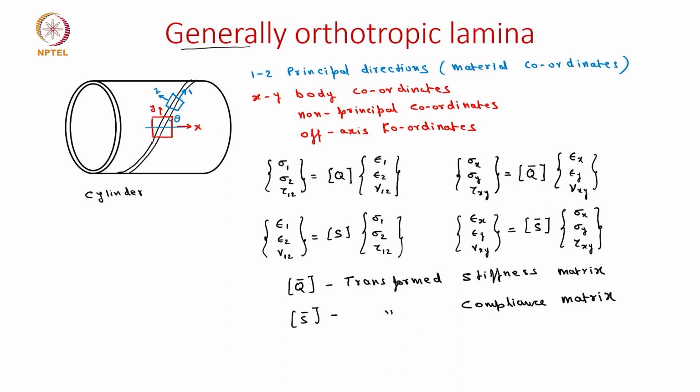But before we go there, let us see previously what are the elastic constants we have used to define the stiffness matrix and the compliance matrix. There we have used these elastic constants E1, E2, nu12 and G12.